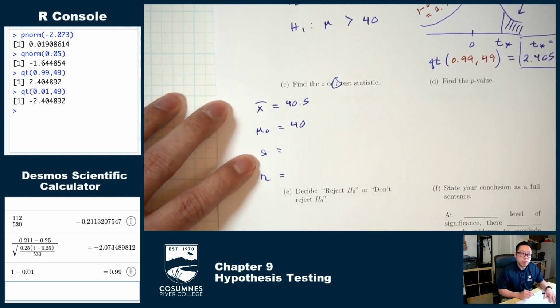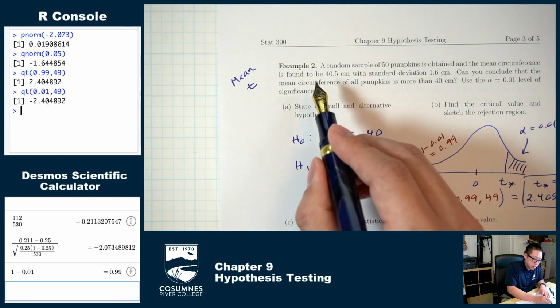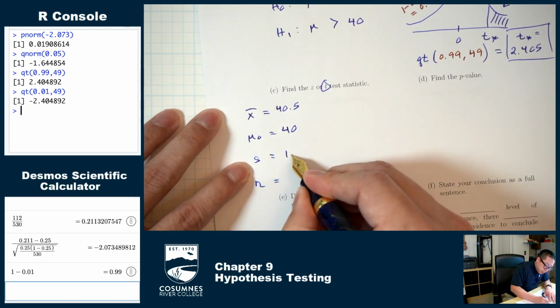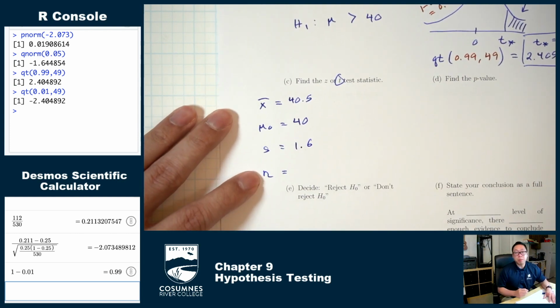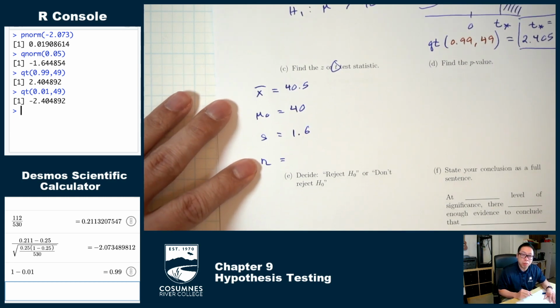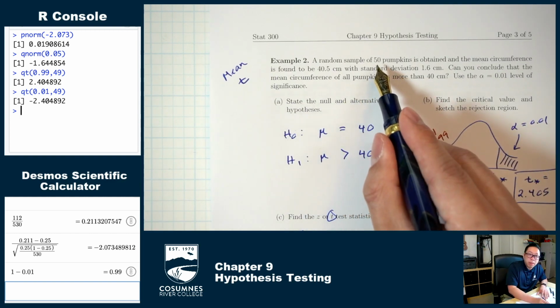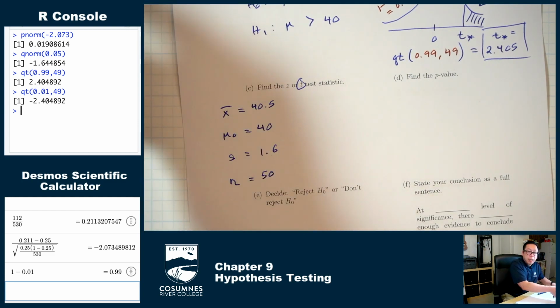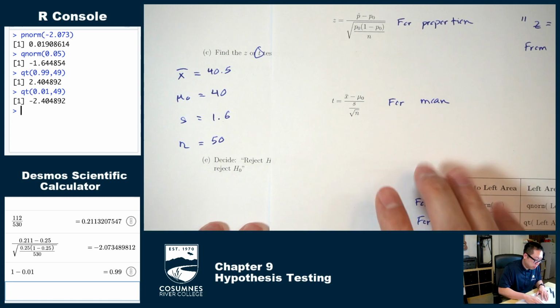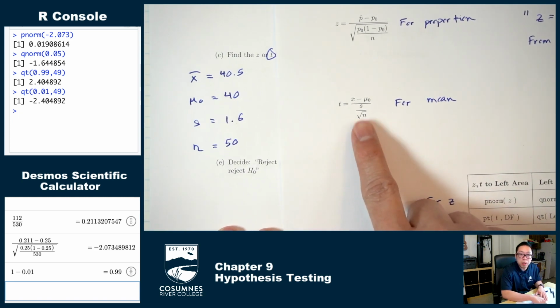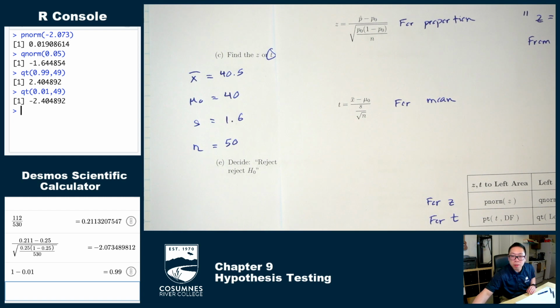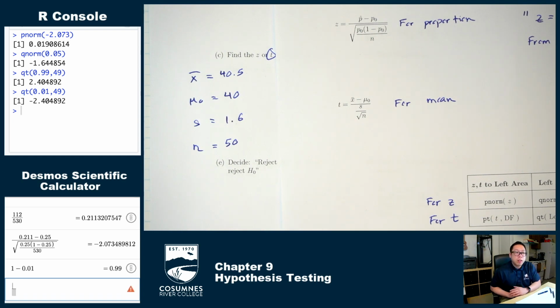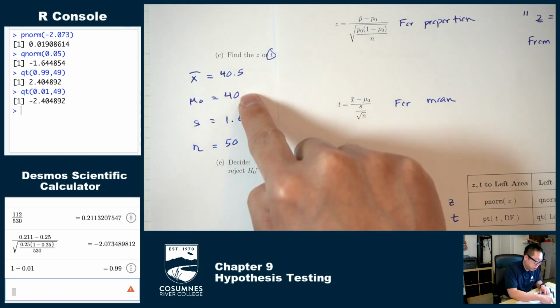S is standard deviation. Standard deviation here is 1.6. And then N is sample size. So how many pumpkins are we talking about here? 50. And now plug this into the T formula. So I'm going to type this in directly into Desmos. First I'm going to start with fraction. Up top, it's going to be X bar minus mu 0. So it's going to be 40.5 minus 40.